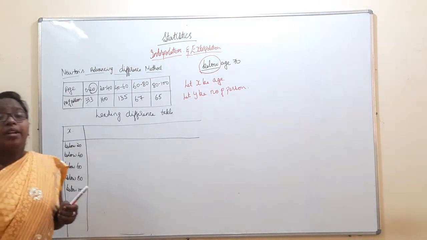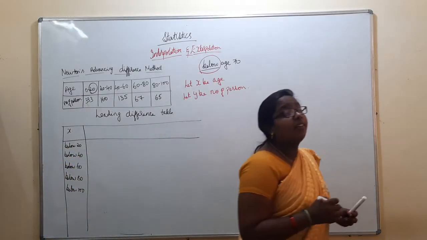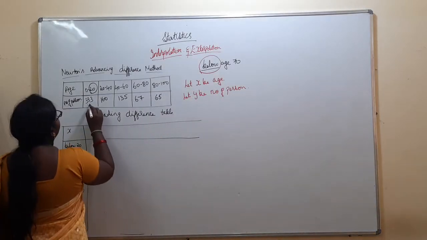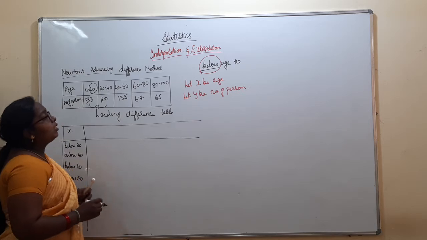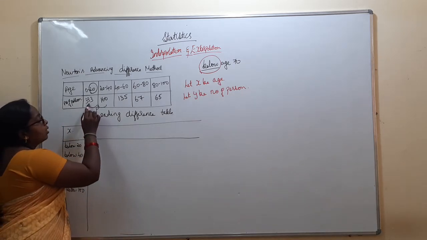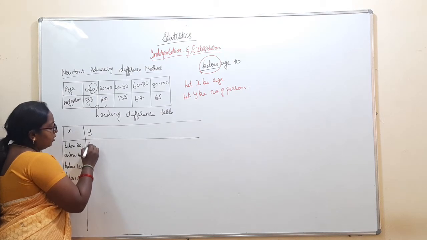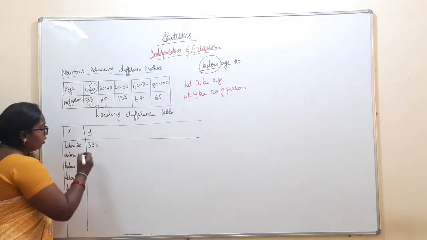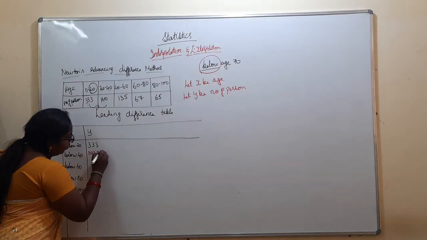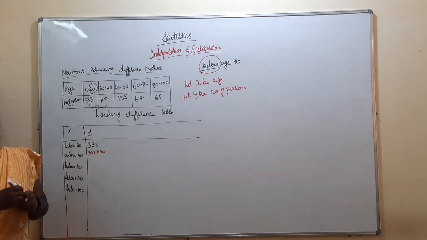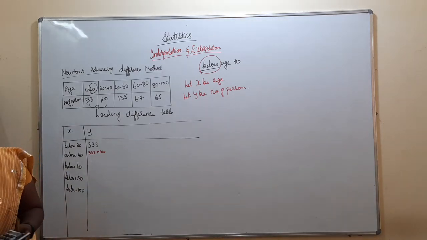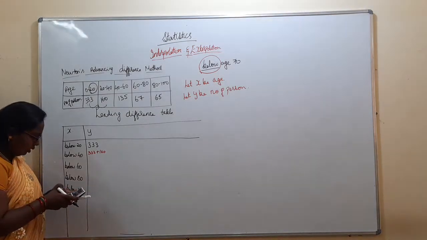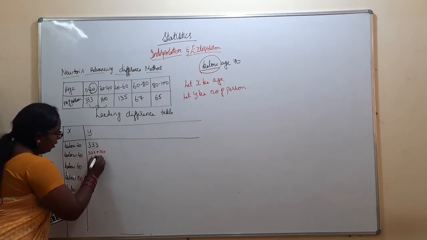When I am converting my two variables into one variable, I need to take the cumulative of my y. Cumulative means I will be adding all of these. For the first, my y will be the original 333. My second y will be 333 plus 160, I will get 493.